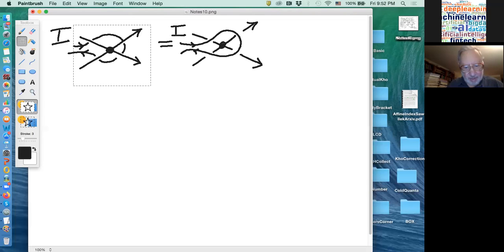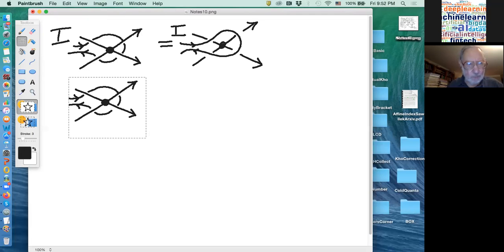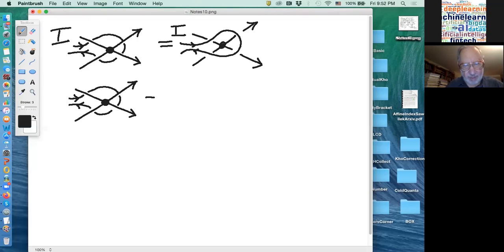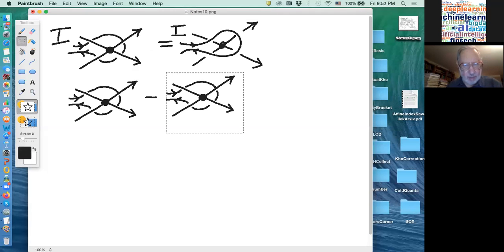Let's copy that. And then I'm going to stop writing the invariant. I'll just write the diagrams. And then here's another one. And I'm going to have this, but I want to switch the crossing.